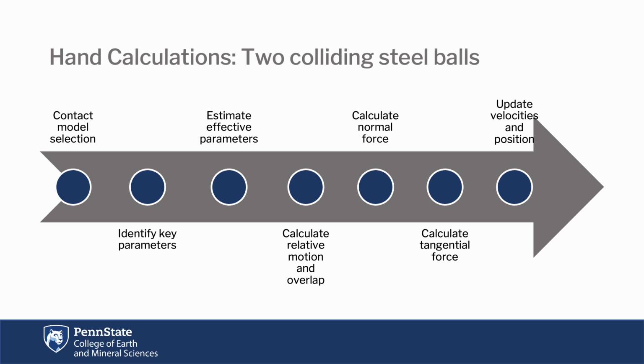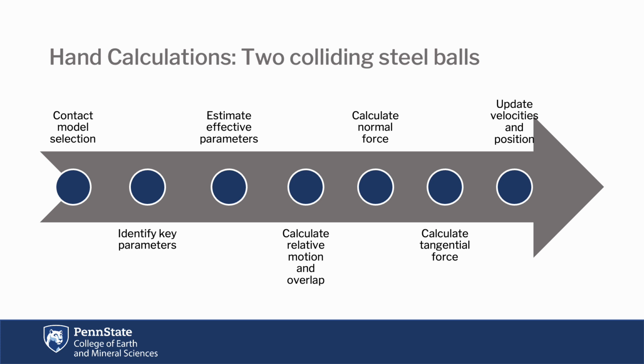We decide whether we want to use the spring dashpot model or the Hertz-Mindlin contact model, and then we identify the key parameters, like the mass of the balls, the radius, and the material they are made from. That will help us pick the coefficient of restitution and the Poisson's ratio. Next we calculate the effective parameters: the effective radius, effective mass, and effective Young's modulus.